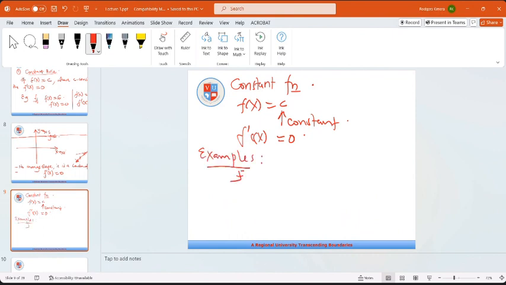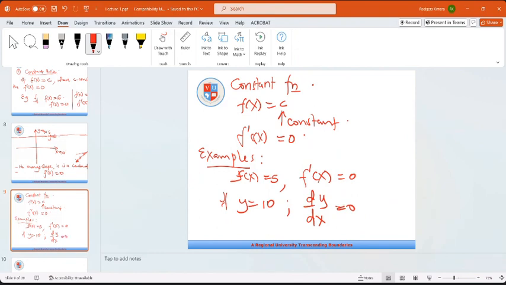For example, if f of x equals 5, f prime x equals 0. If y equals 10, then we get dy dx, and it should also be equivalent to 0.